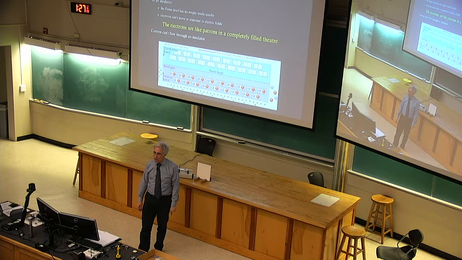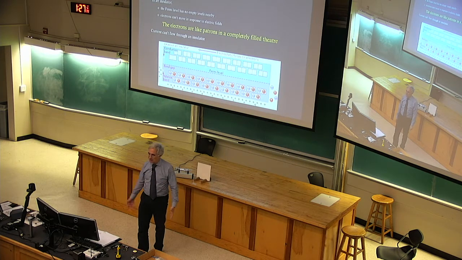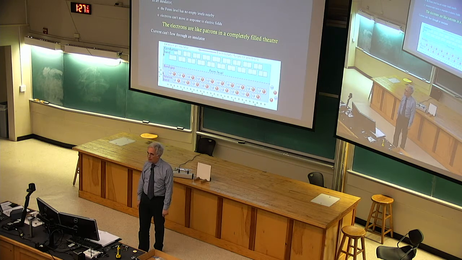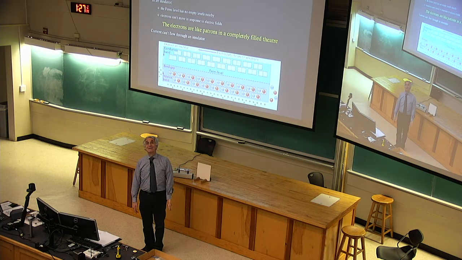Insulators occur when the material assembles such that electrons fill the valence band, no empties, and leave the conduction band empty. And there is an energy gap, or a band gap, between those two bands of levels.